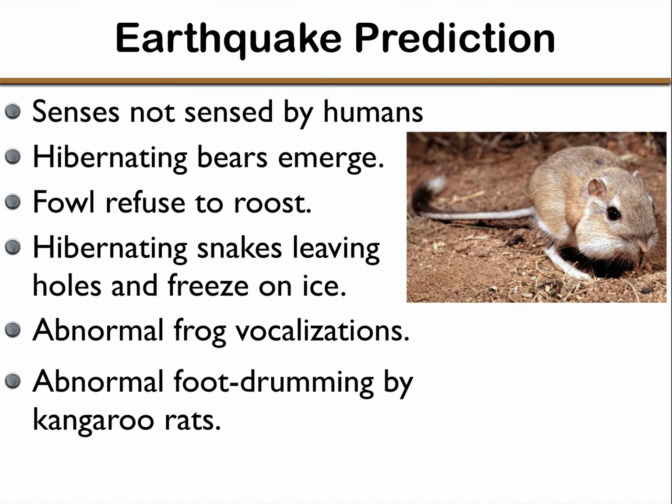The kangaroo rats do, that is, and they have these rather large feet, which is why they're called kangaroo rats. So she had them in her laboratory. And then one night, they started thumping like crazy. She had never seen anything like that happen. And then the next night, this happened.